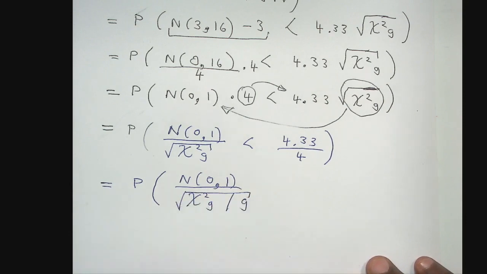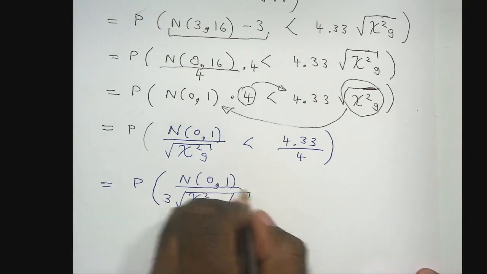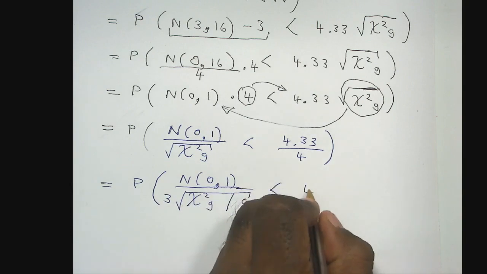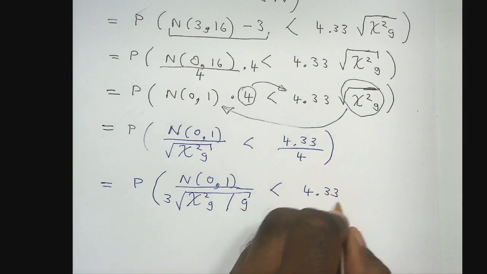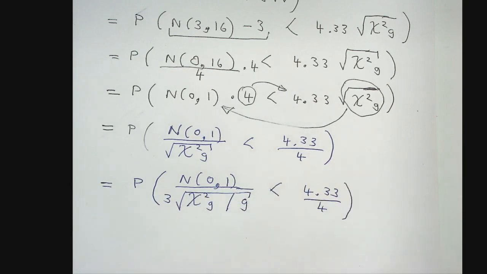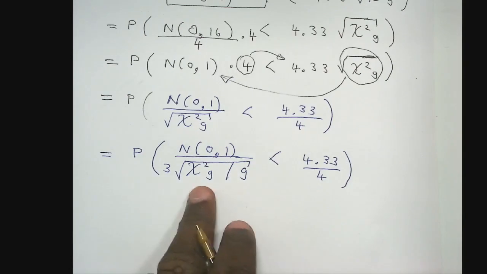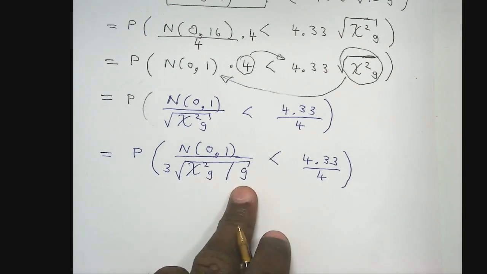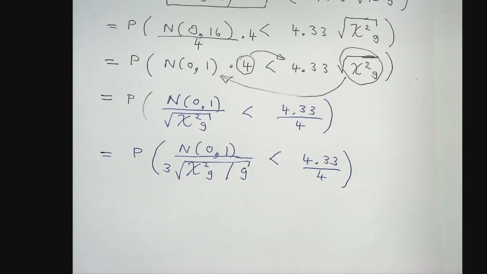You'll see why I'm doing this in a minute, because I will explain this in a minute, guys. I have divided this guy here by 9 and multiplied by 3, so I haven't changed anything, right?